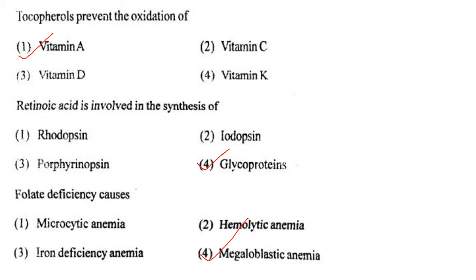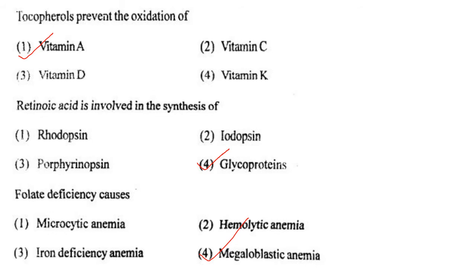Retinoic acid is involved in the synthesis of: option 1, rhodopsin; 2, iodopsin; 3, porphyrinopsin; 4, glycoproteins. Answer is option 4, glycoproteins. Folate deficiency causes: option 1, microcytic anemia; 2, hemolytic anemia; 3, iron deficiency anemia; 4, megaloblastic anemia.